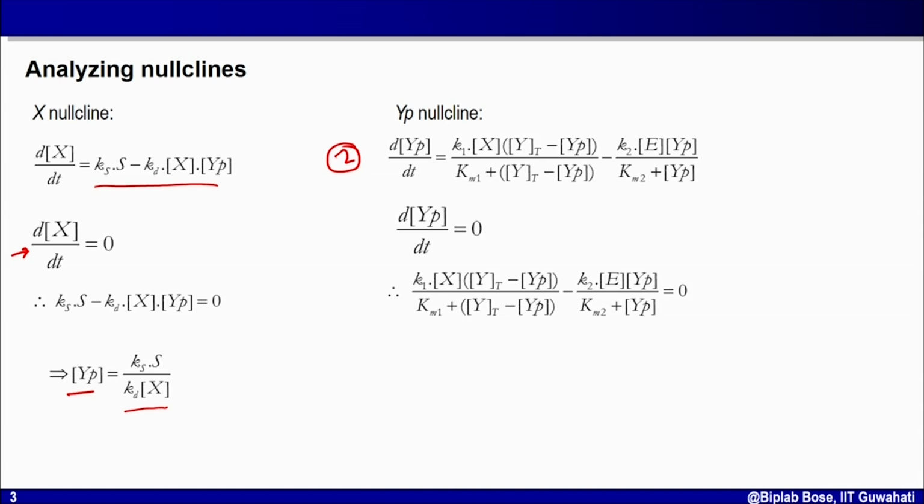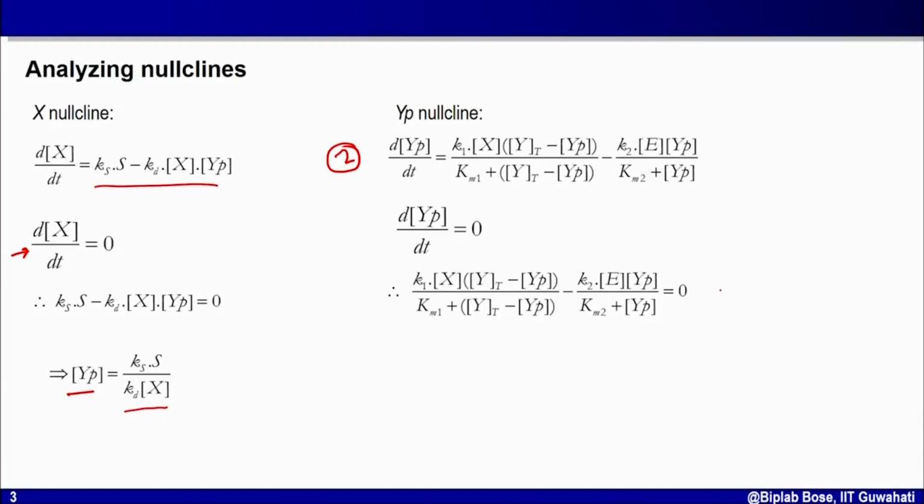I get this formulation: K1 into X into (Yt minus Yp) divided by (Km plus Yt minus Yp), minus K2E Yp divided by (Km2 plus Yp), equal to 0. Again I have to rearrange terms to get Yp on one side and X on the other side.